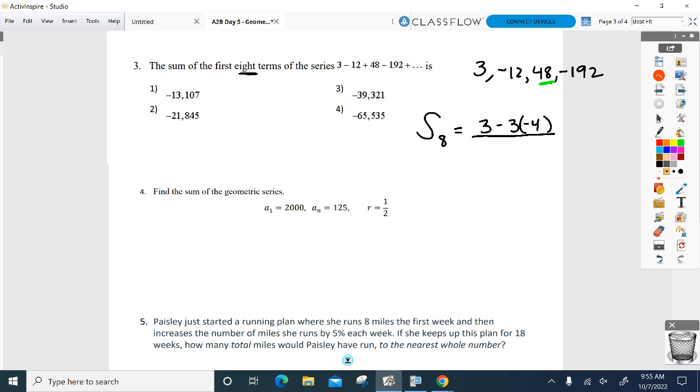And I'm raising this to the 8th. Also be careful in the denominator. 1 minus negative. It's not 1 minus 4. That would be if the R value was positive 4. But my R value is negative 4. So make sure it's 1 minus a negative 4. And yeah, you can put plus if you want because you're a stud.